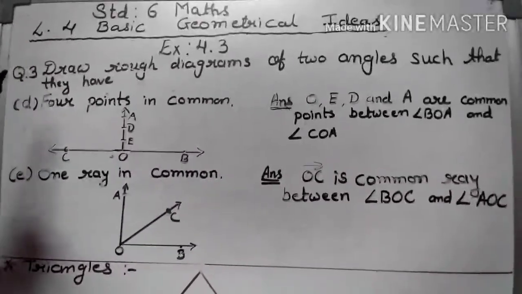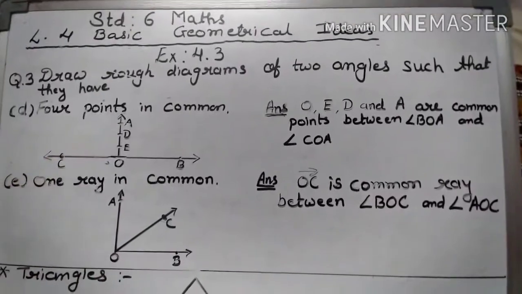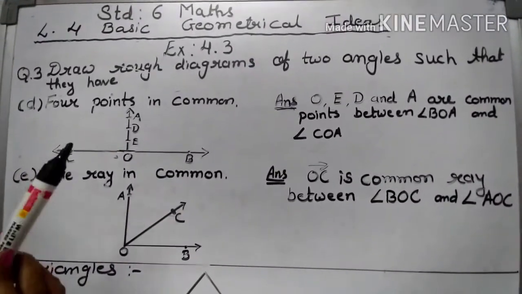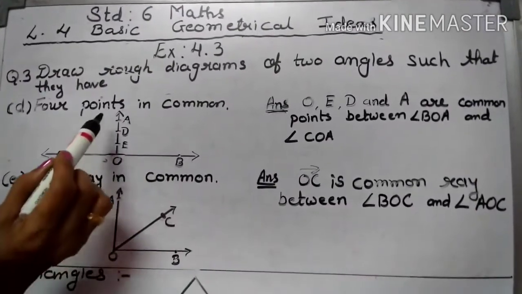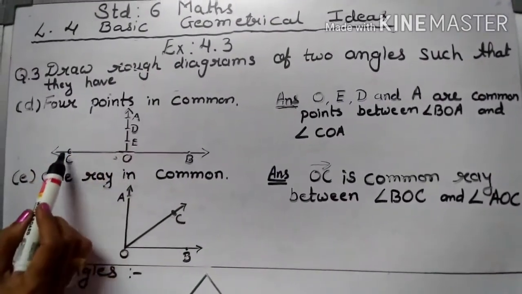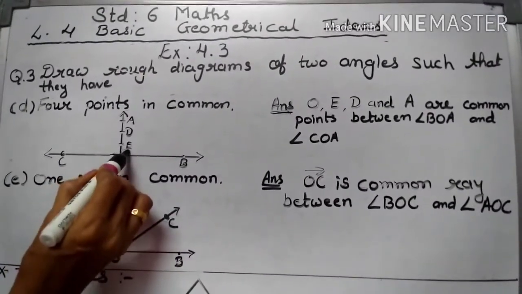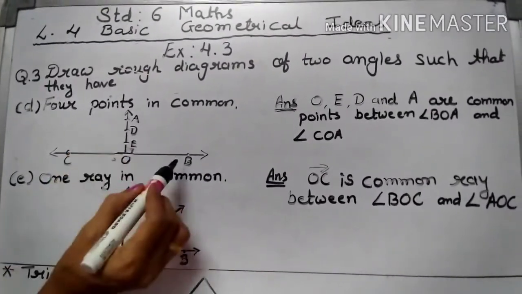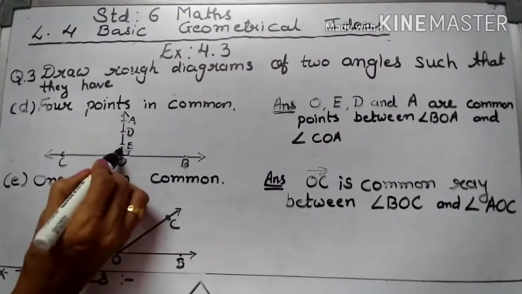Question number 3, D part. 4 points in common. Children, here I had drawn two angles, angle BOA and angle COA. Here the two angles are BOA, this is one angle, and COA is your second angle.